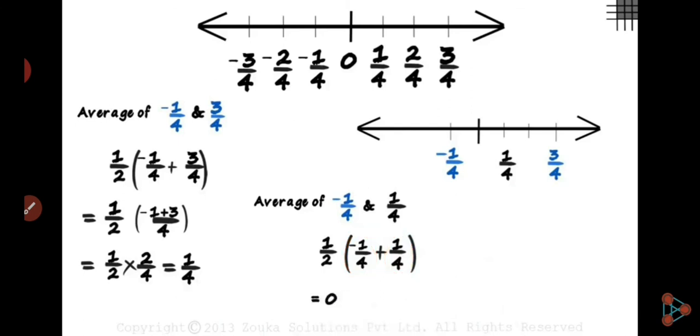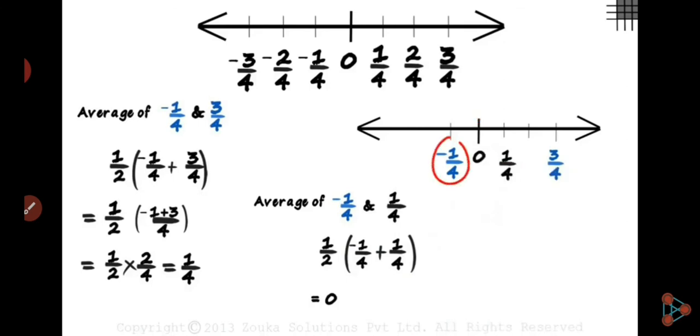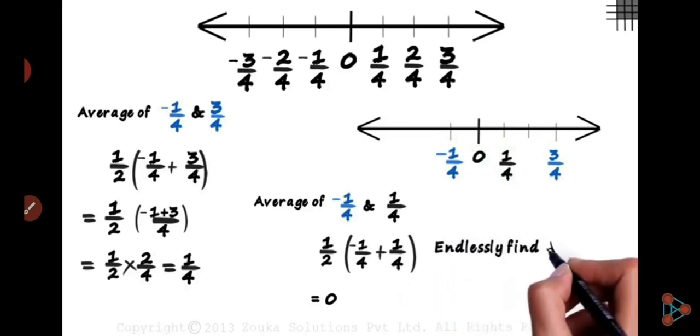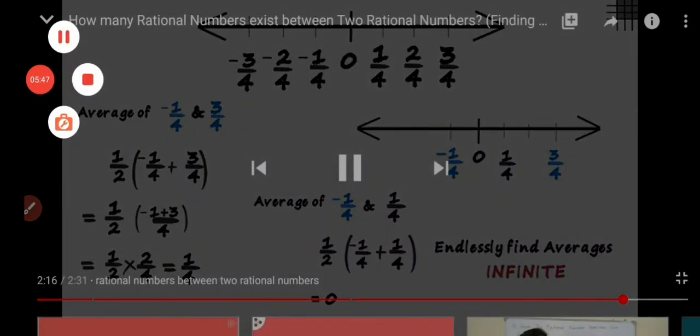The average of these two numbers will be marked here, exactly in between minus 1 by 4 and 1 by 4. Next, we can find the average of these two numbers or maybe these two numbers. What does this mean? It means that we can find averages endlessly, which proves that there lie infinite rational numbers between any two rational numbers.